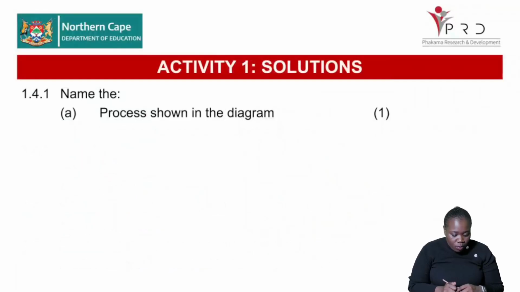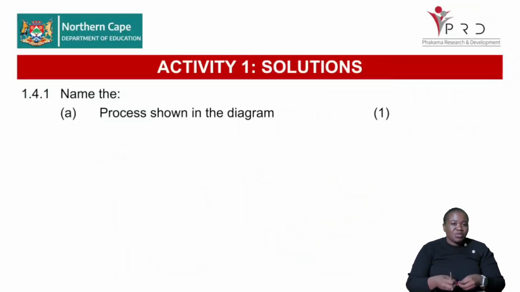We have 1.4.1 up to 1.4.4. Name the process shown in the diagram. So we can see that the process that is taking place there is crossing over. Make sure, guys, that you do not confuse a process and a phase. When the question says name the process, you name the process.